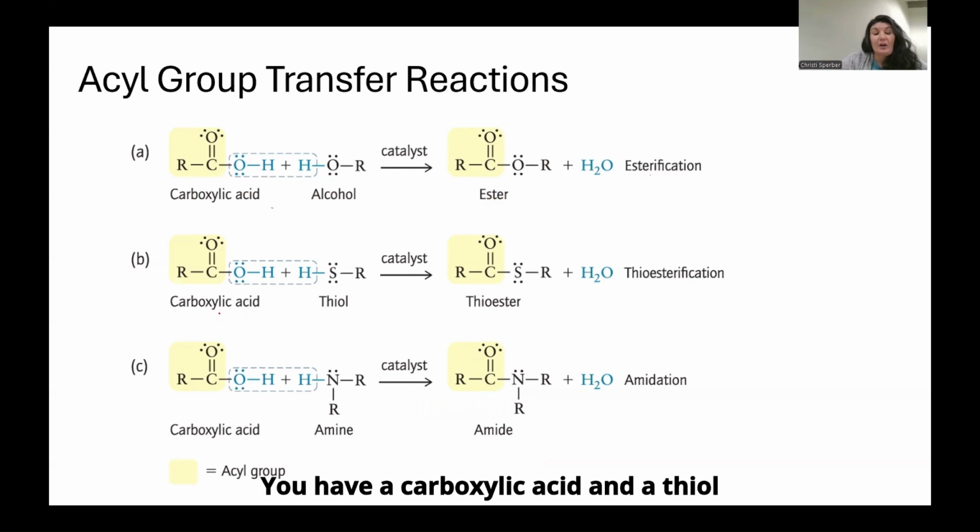You have a carboxylic acid and a thiol reacting together, and you get a thioester, and it's called a thioesterification reaction. And you have a carboxylic acid and an amine reacting together. You get an amide and water, and it's an amidation reaction.